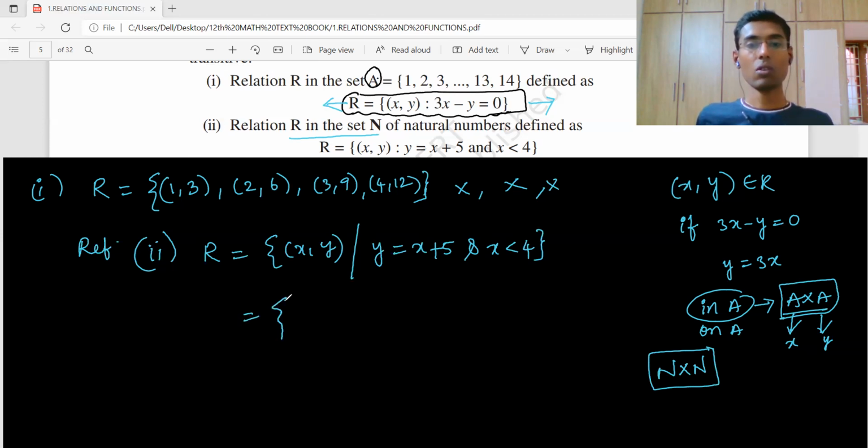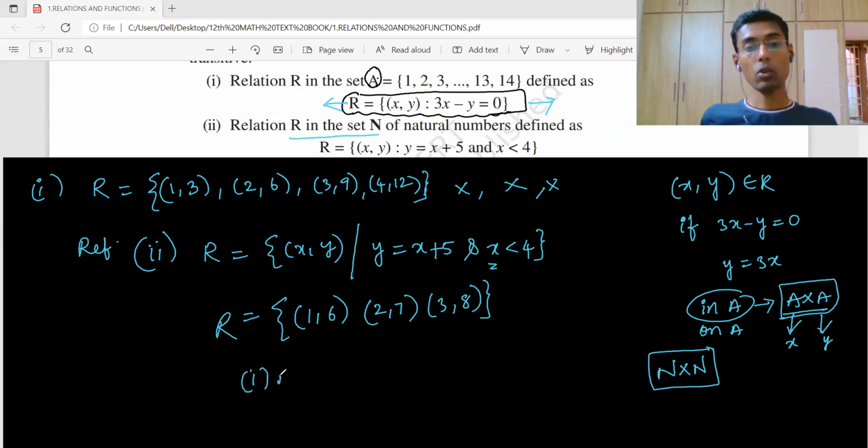Take x1, y6; x2, y7; x3, y8. Because x is less than 4, the natural numbers less than 4 are 1, 2, 3. That's all.